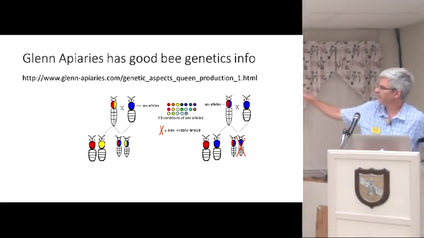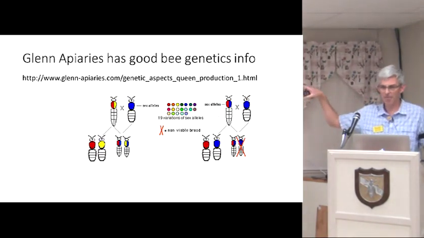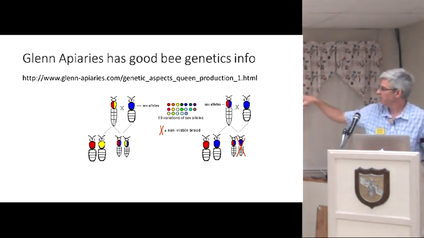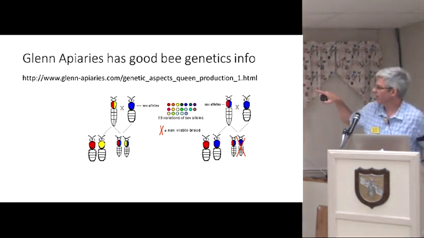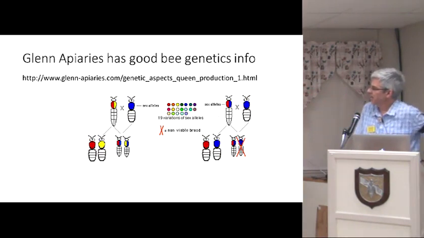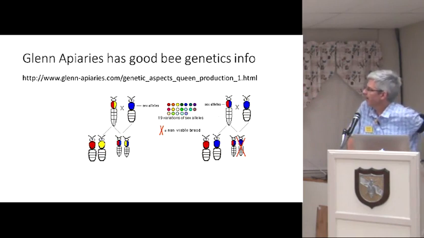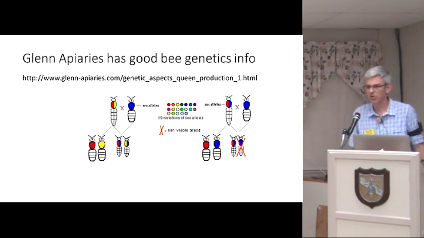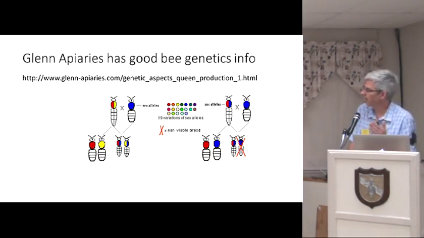So this is almost the same diagram that we had from the paper, which shows a couple of bees on the left-hand side, where the sex allele is shown in blue in the drone, and red and yellow in the queen. You'll see that there's no offspring combination where you're going to have two of the same, because you're going to have a red and a blue, or a yellow and a blue in the females.